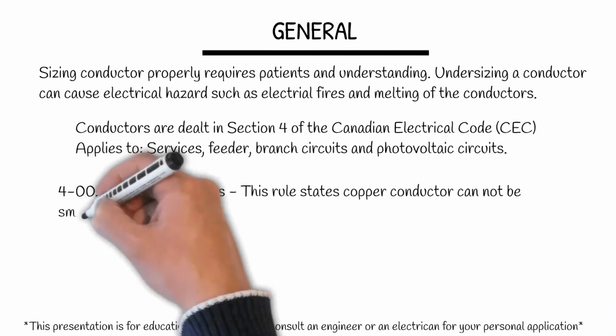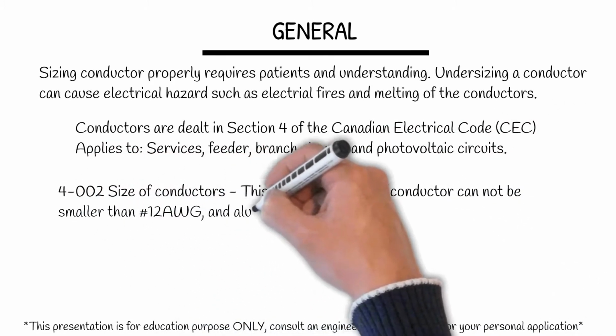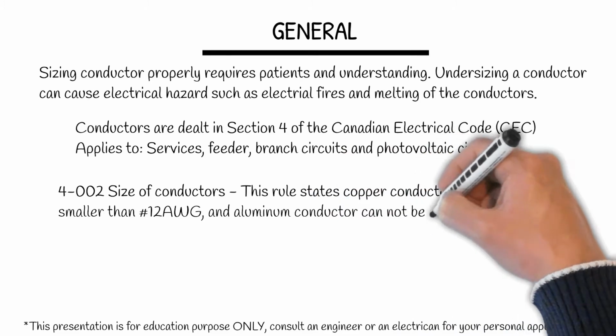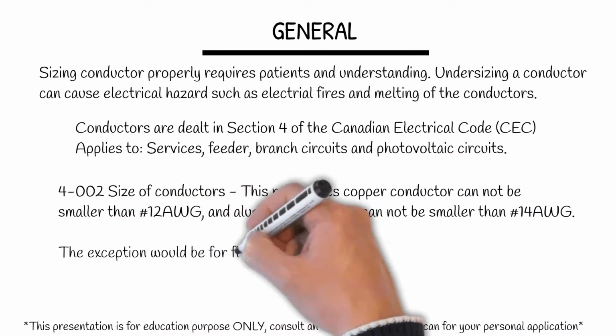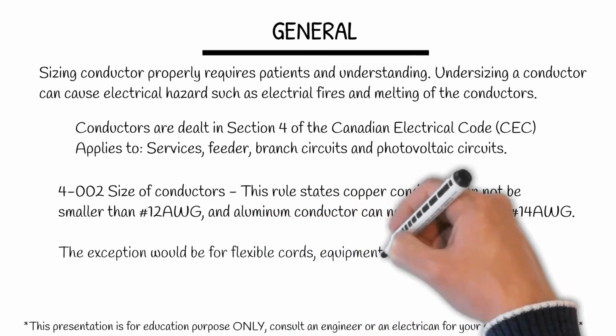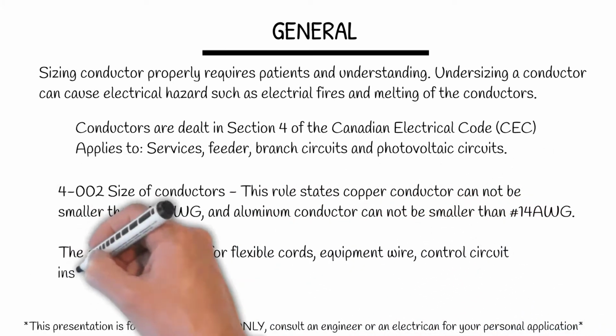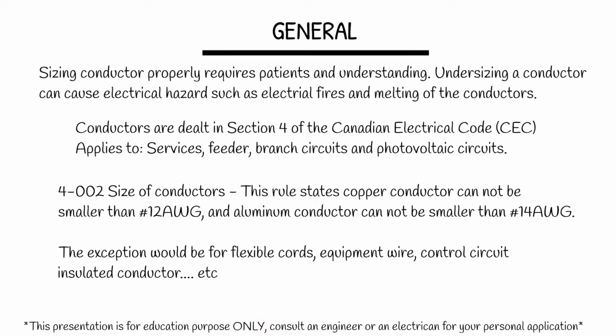This rule states copper conductor cannot be smaller than number 12 AWG, and aluminum conductors cannot be smaller than number 14 AWG. The exception would be for flexible cords, equipment wiring, control circuit, insulated conductors, etc. that can be smaller.